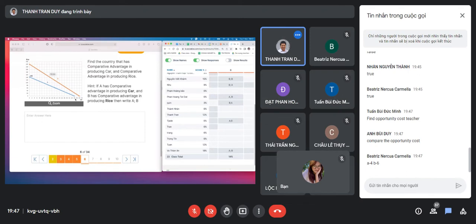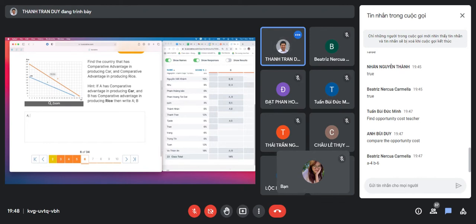No, not 5. B is 4. So which country has comparative advantage in producing car? A, right?